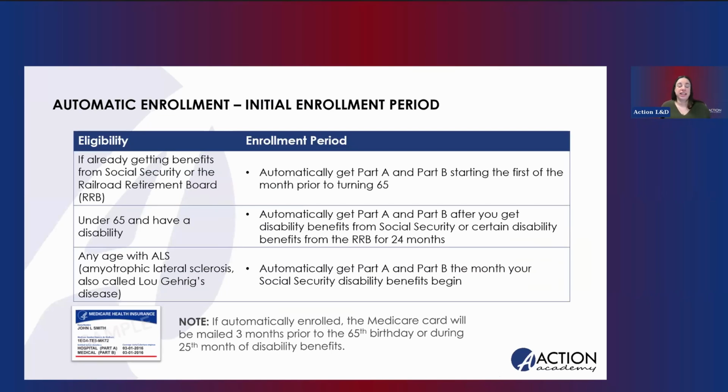So essentially, this slide is just telling you when someone might automatically be enrolled in Medicare. This is if you're getting Social Security benefits already, if you're under 65 and have a disability, or any age that you have ALS, you would get enrolled in Medicare.